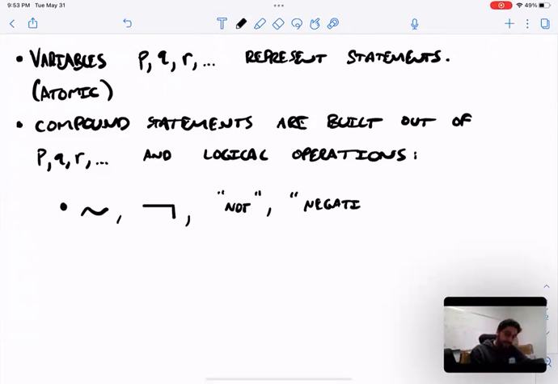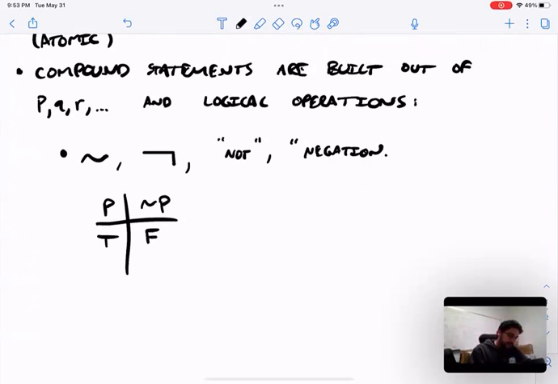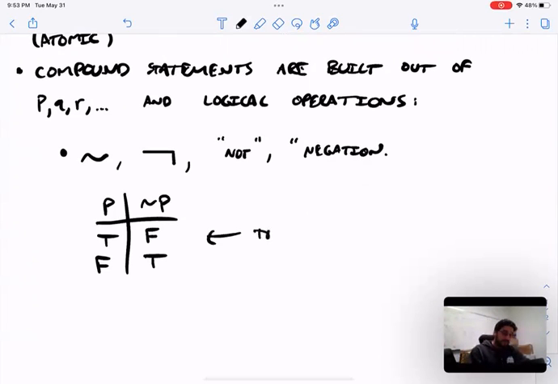And this does just what you would think. If a statement P is true, then not P is false. If a statement is false, then not P is true. And what I'm drawing here is called a truth table. It just shows all the possible values that a statement can take on, true or false.